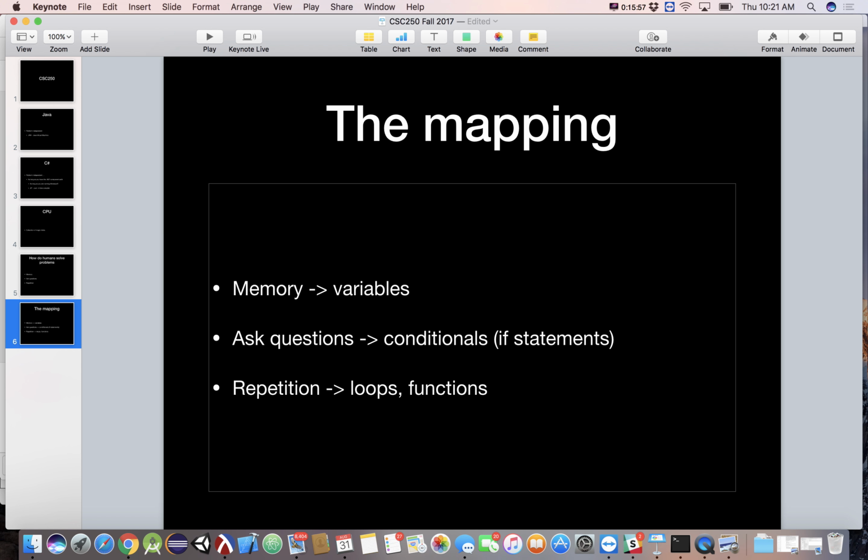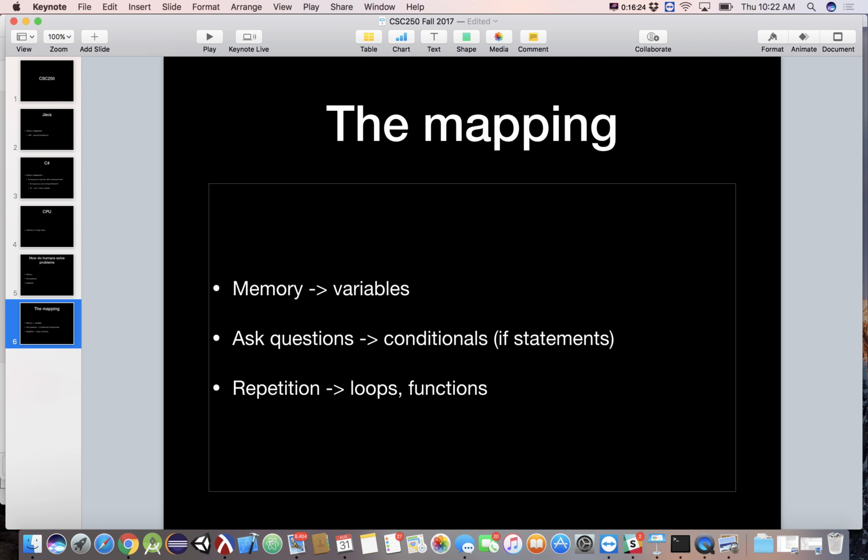All right. So if I'm saying human beings solve problems using their memory, asking questions, and repetition, and I'm also saying that 100% of programming languages have facilities for those three things. Some languages then have some extra stuff bolted on that maybe lends themselves to certain kinds of problems. So for example, the language PHP was originally designed for doing web stuff.